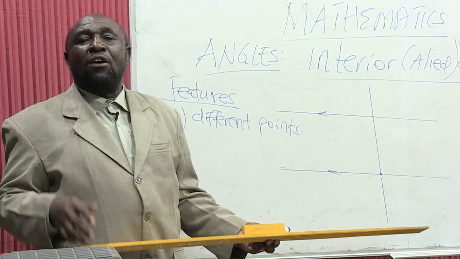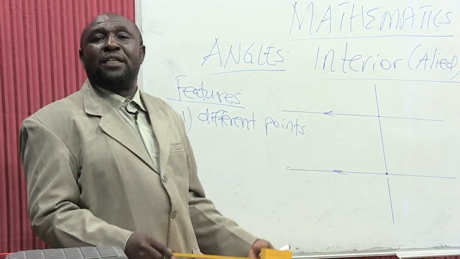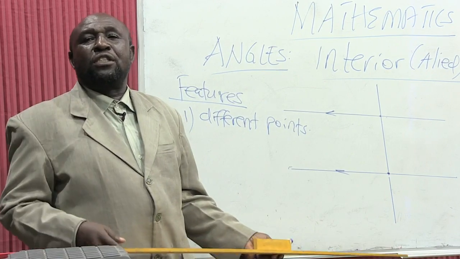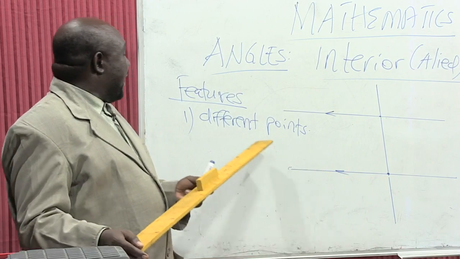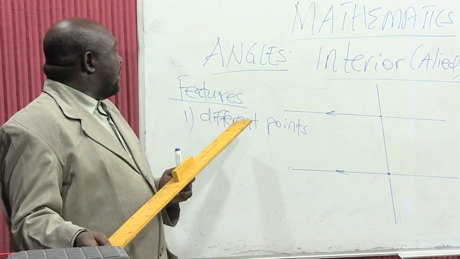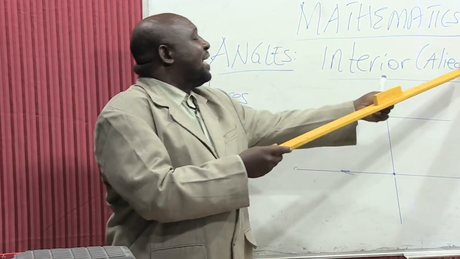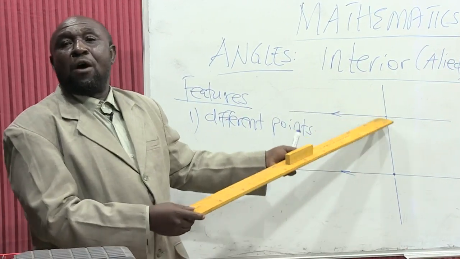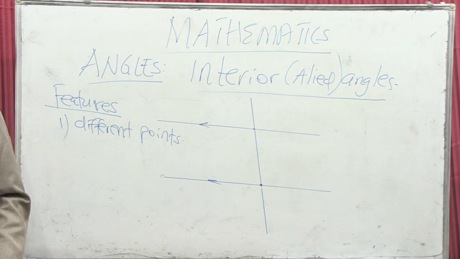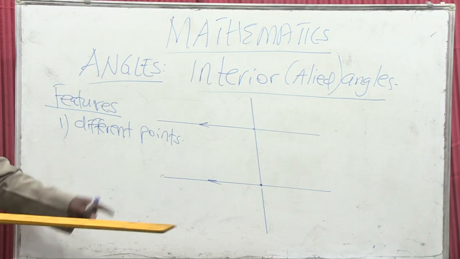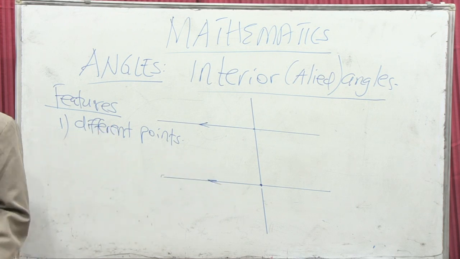Remember, alternate angles are also found at different points. Corresponding angles are also found at different points. Again, the interior or allied angles are also found at different points. Vertical opposite angles are at the same point.